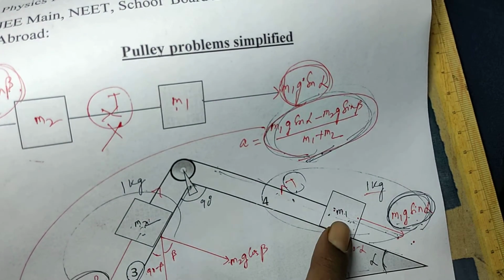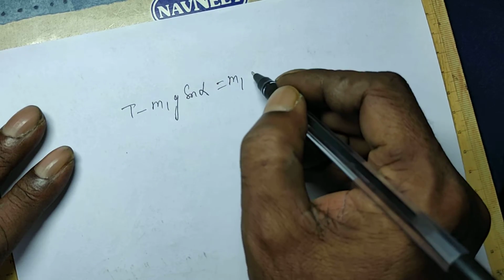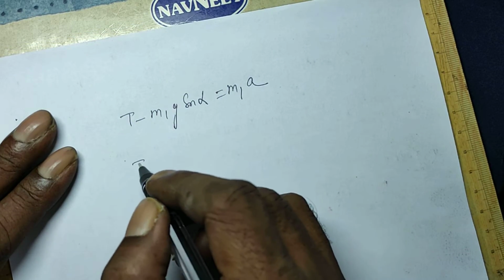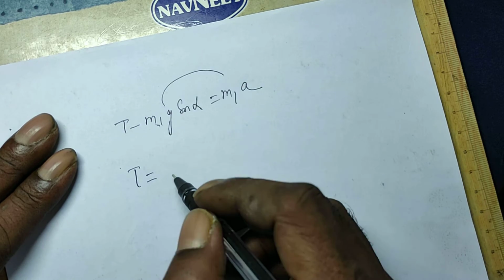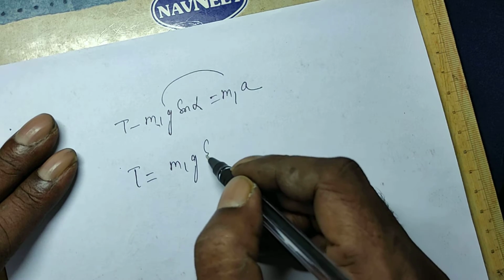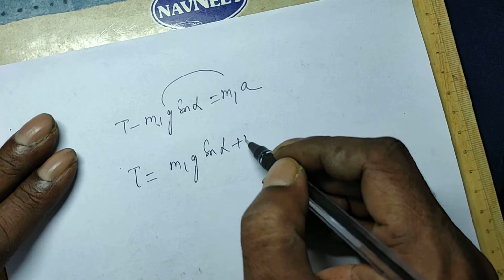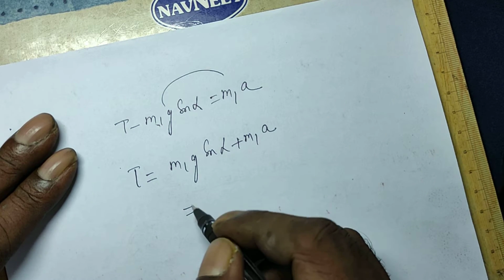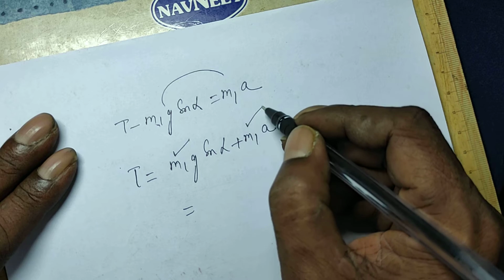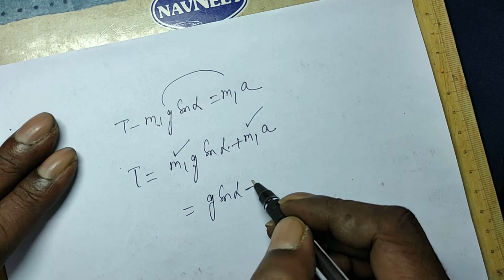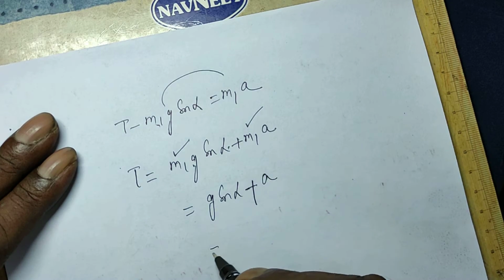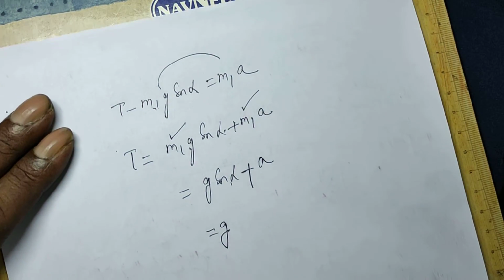So that will be its mass times acceleration. Its mass is M1 times acceleration. So T we have to find out. M1 g sin alpha goes to the other side, so T equals M1 g sin alpha plus M1 times a. M1 is given as 1 kg, so g sin alpha plus a.